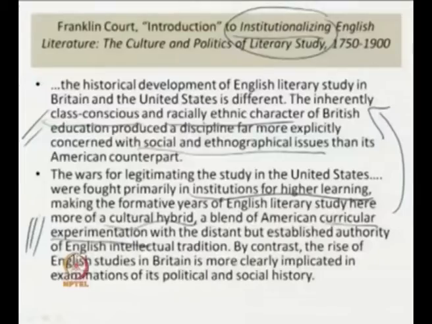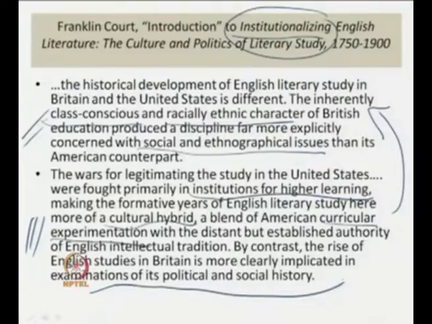So, there is this, what should I say, maybe I can use the word, this desire for cultural hybridity that, at least in the formative years, was an important impulse in revising what he calls here the already established authority of the English intellectual tradition. By contrast, let us read, by contrast, the rise of English studies in Britain is more clearly implicated in examinations of its political and social history.